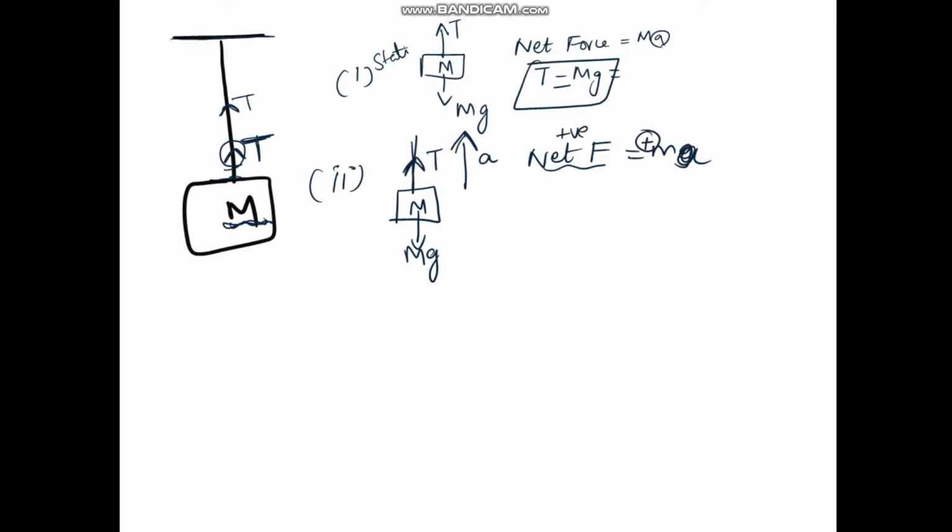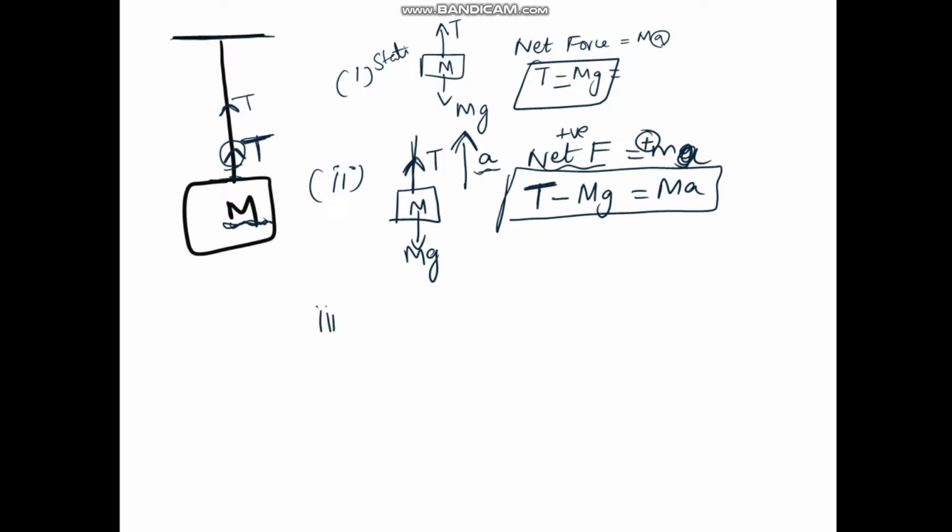When the object moves up, the force in the upward direction must be greater. So T is more than mg, so T minus mg is equal to ma. This is the equation when the system is moving upward.